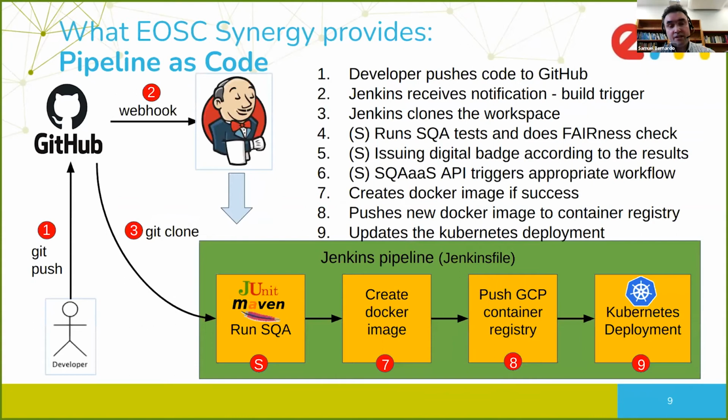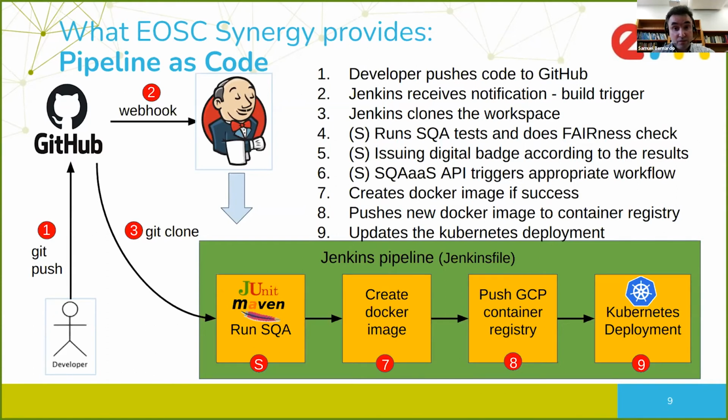Now, looking here, this is where I connect my presentation with Slava's presentation. As I explained on the previous slide, that pipeline can be implemented like this. So it can be translated into code. For that, we are using Jenkins, an open source automation server that provides the solution to build, test, and deploy the required software.